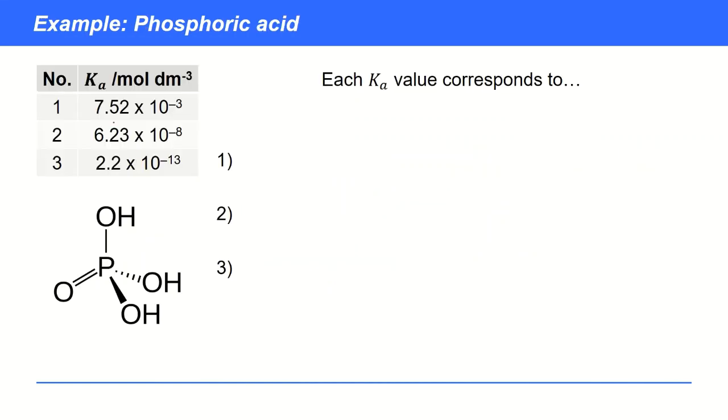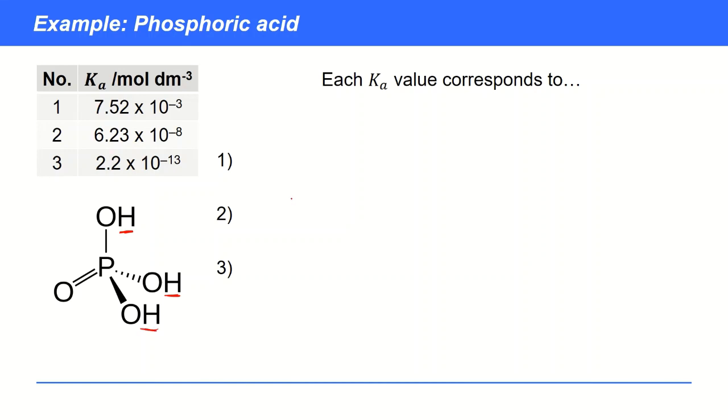So here's phosphoric acid as an example. If you look up the Kas for phosphoric acid, you actually find there are 3 values. Now this is quite strange because these hydrogens are all actually identical. There's nothing different between these hydrogens, but somehow they have different Ka values.